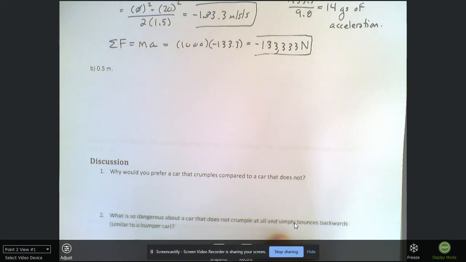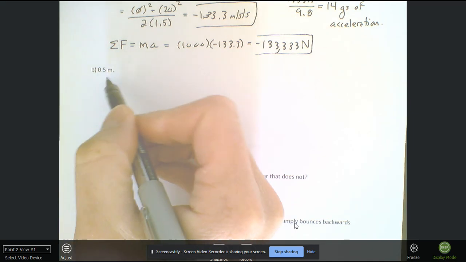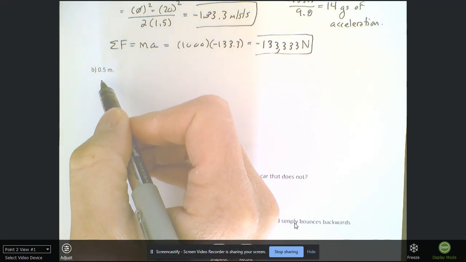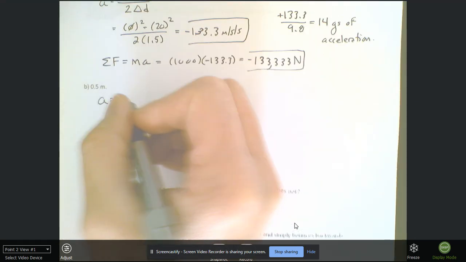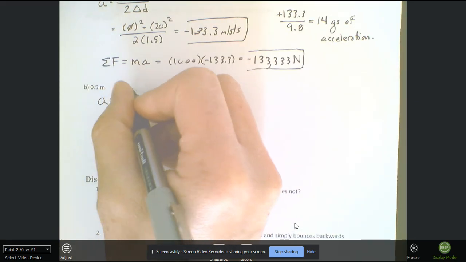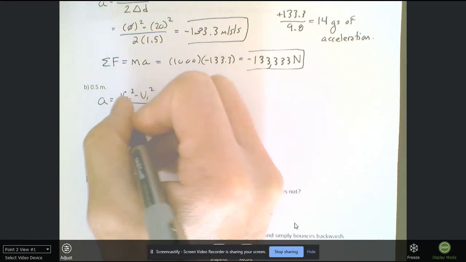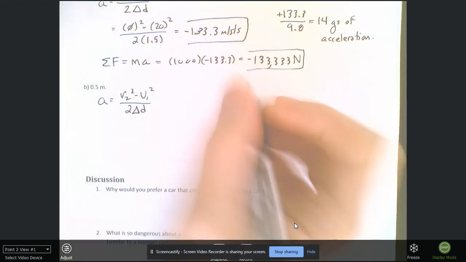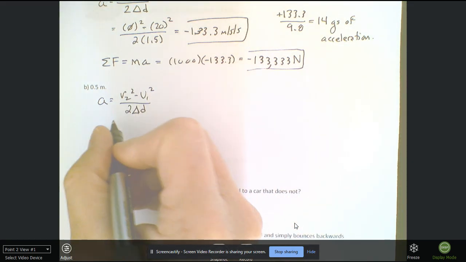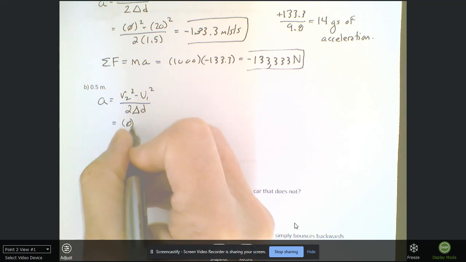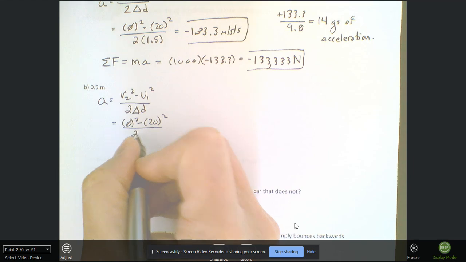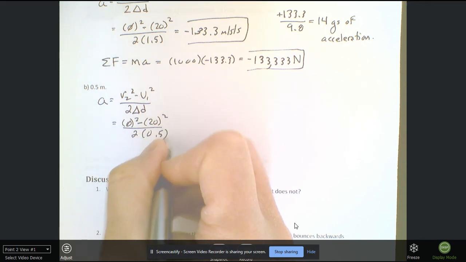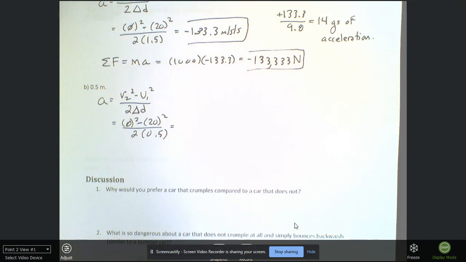Okay. What happens if you now make the crumple zone smaller so the car doesn't crumple as much? Well, we use the same governing equation that we had before. The numerator stays the same. The denominator is what changes. The denominator is smaller, so hopefully you were able to predict that your impact acceleration would get bigger.